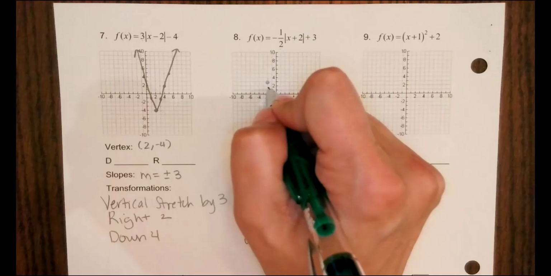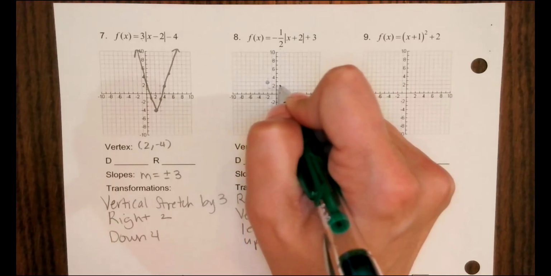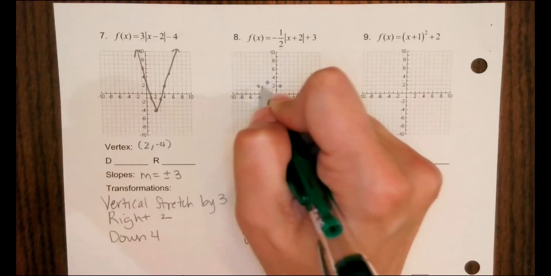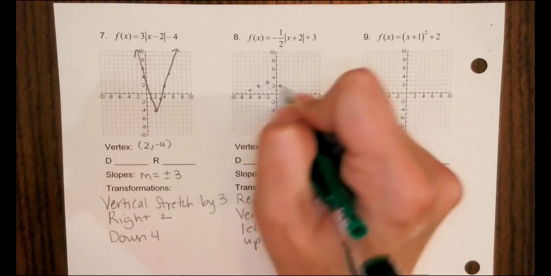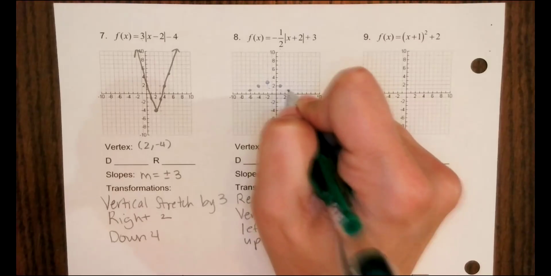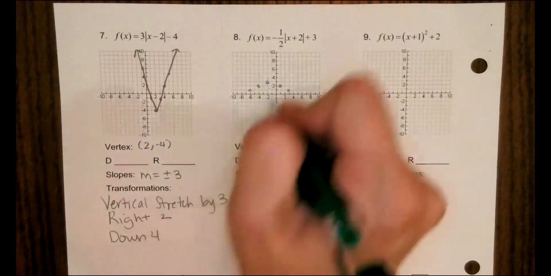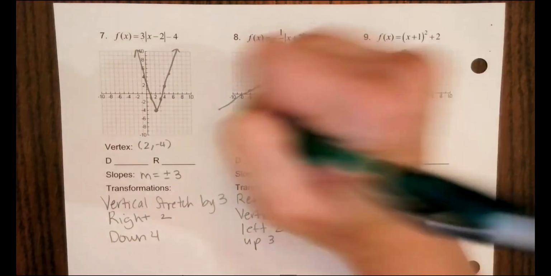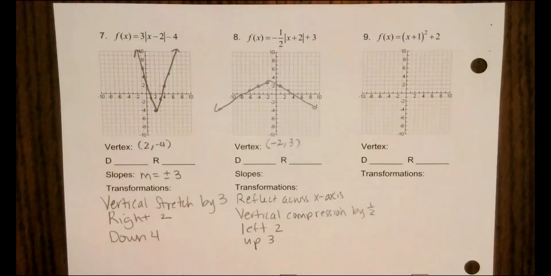Since it's negative, we're going to go down 1 and to the right 2. And 1 and 2 right there. So the slope is that 1/2. The absolute value works very similar to 2 lines. And so we have a wider graph that is now turned upside down.